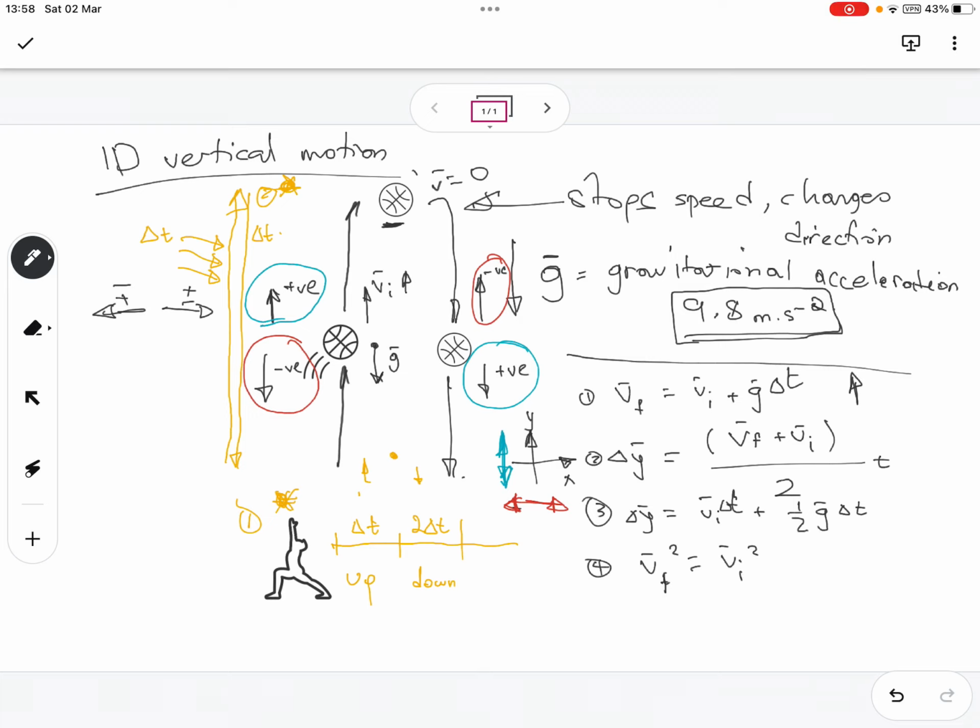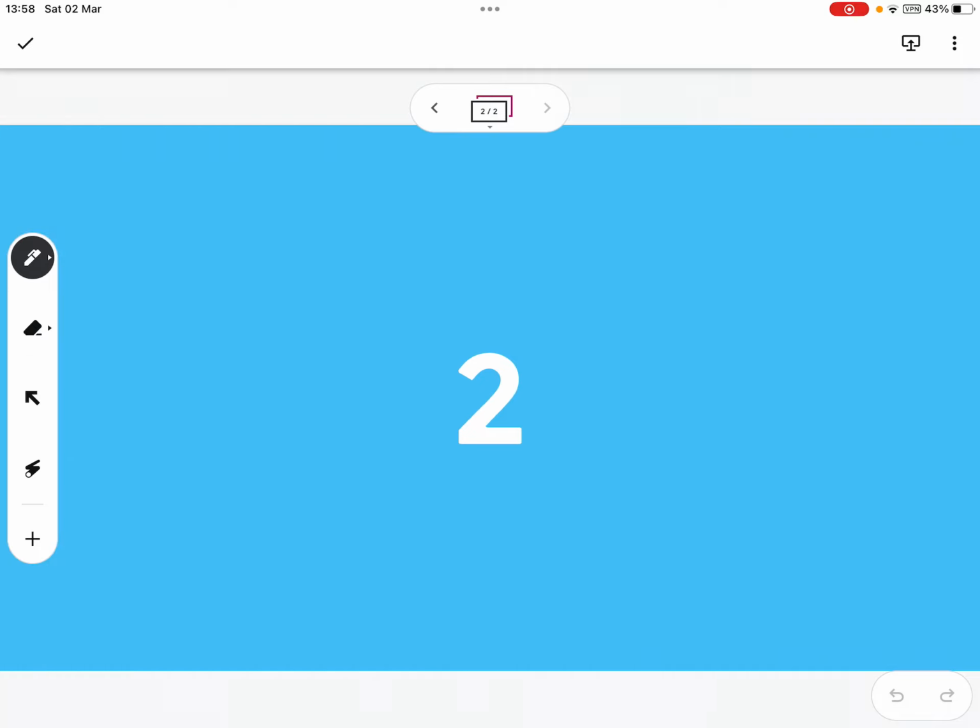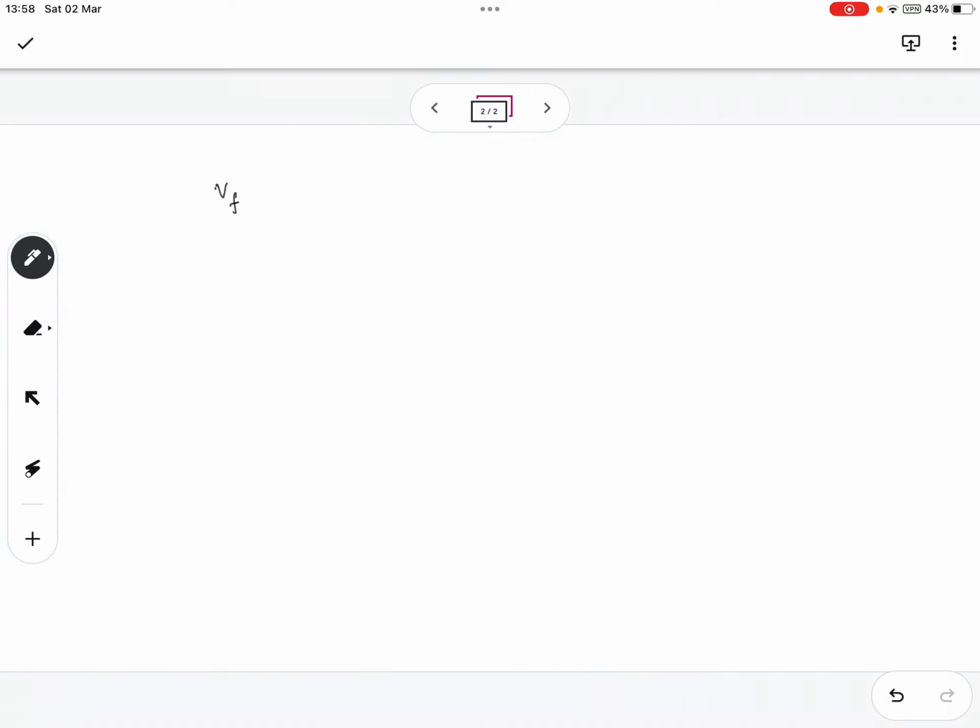And lastly, we've got another equation, which is v final squared equals the initial velocity squared plus 2 times the acceleration due to gravity multiplied by the change in vertical displacement.